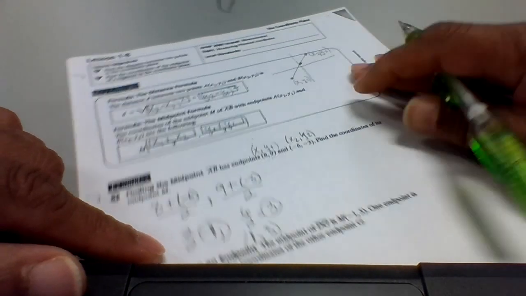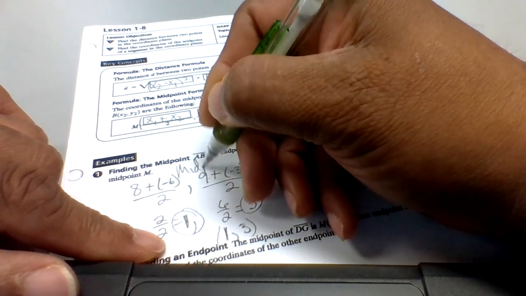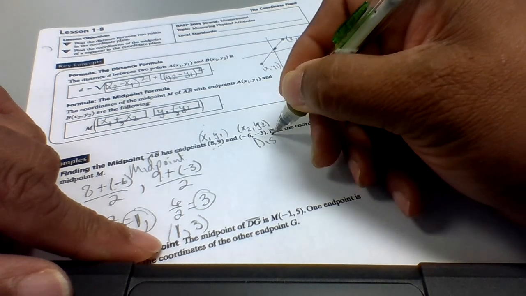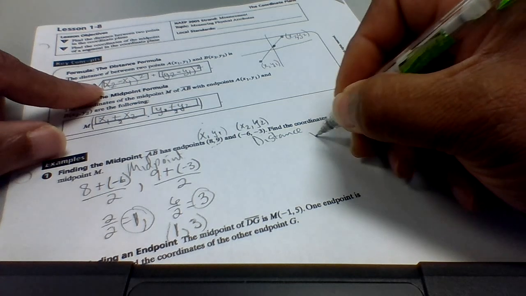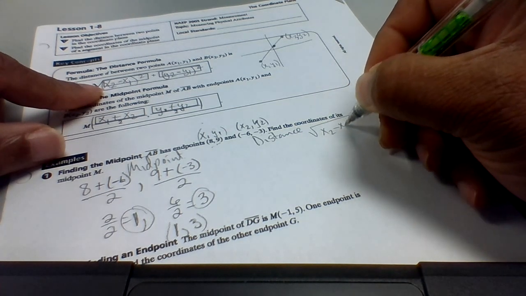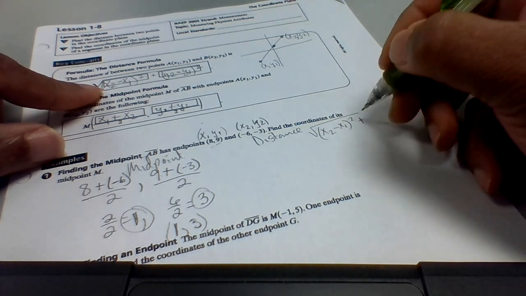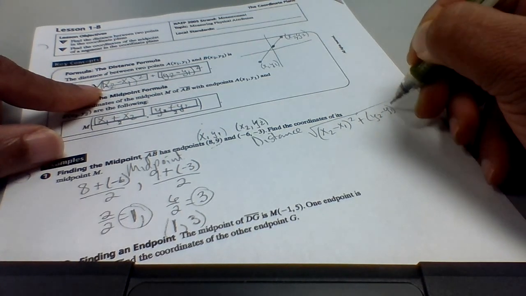Then to find the distance, let's find the distance also. This is the midpoint. And then to find the distance, again, the formula is the square root of x2 minus x1 squared plus y2 minus y1 squared.